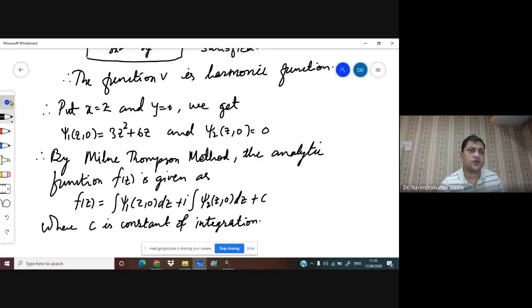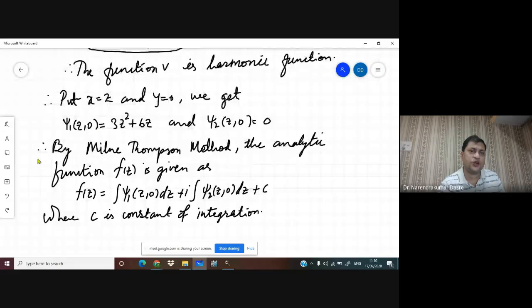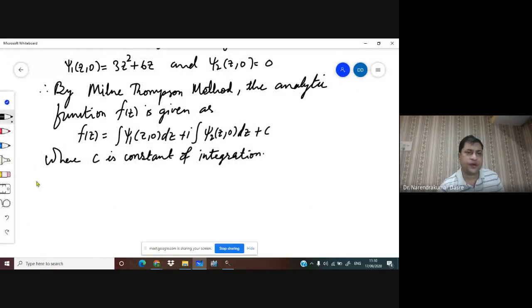Okay, so that's what we have. Now we know psi 1, we know psi 2. So we can have this f of z as the integration of (3z square plus 6z) dz plus i integration 0 dz plus c.